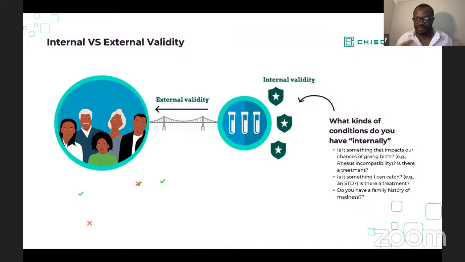Do you have an STD? Do you have some conditions that I need to be aware of, right? Let's go and do some tests. This is internal validity. This is like trying to make sure that internally everything is kosher, that everything is fine. Do you have a family history of madness that I have to be aware of, right? So this is just between you and this person, trying to figure out that everything is fine.